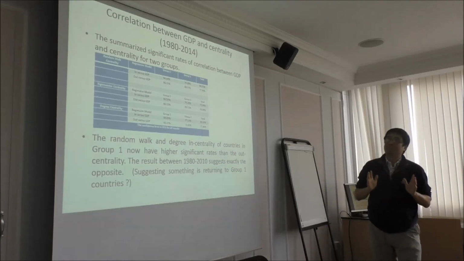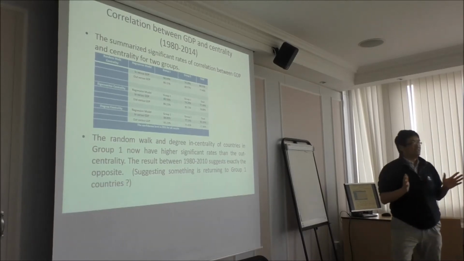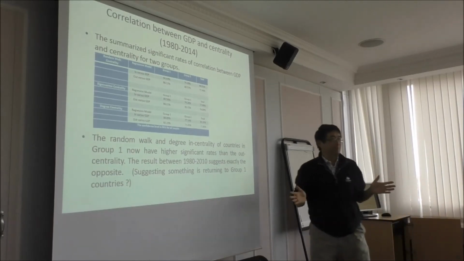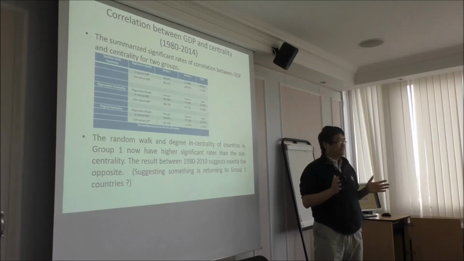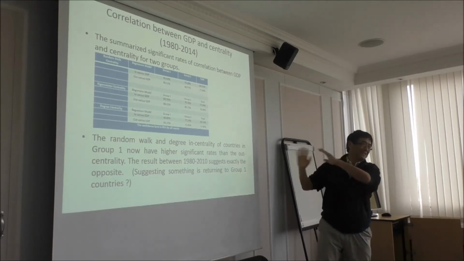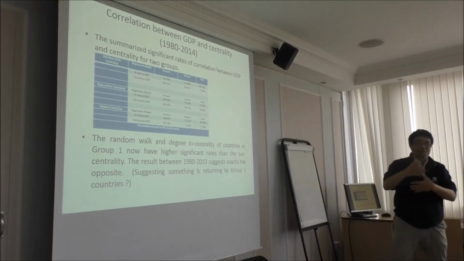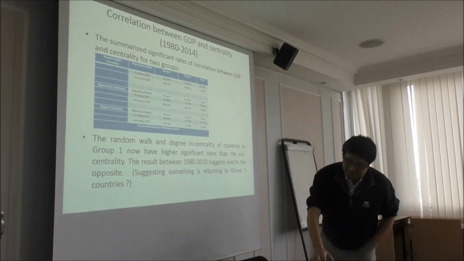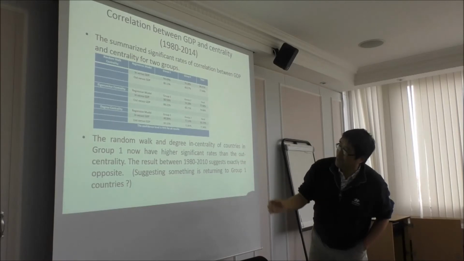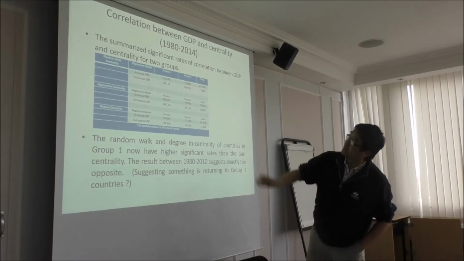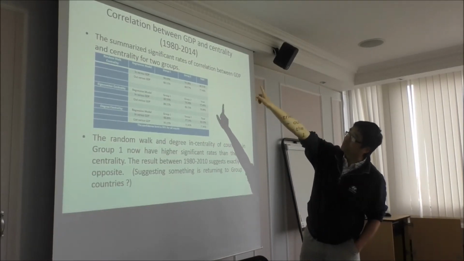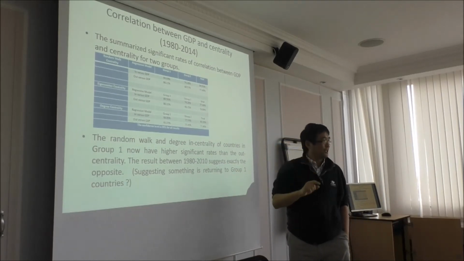So this may have to do with the general feeling that people have that we probably have a problem, that we are probably doing less well. I don't know. Of course, we only look at the centrality and link with GDP. We didn't look into the social and political backgrounds of all this. But that seems to be coming out of the analysis. So if we add in 2010 to 2014, something has changed.